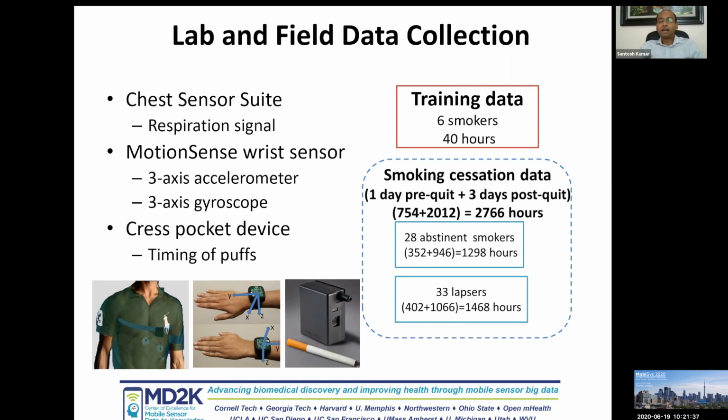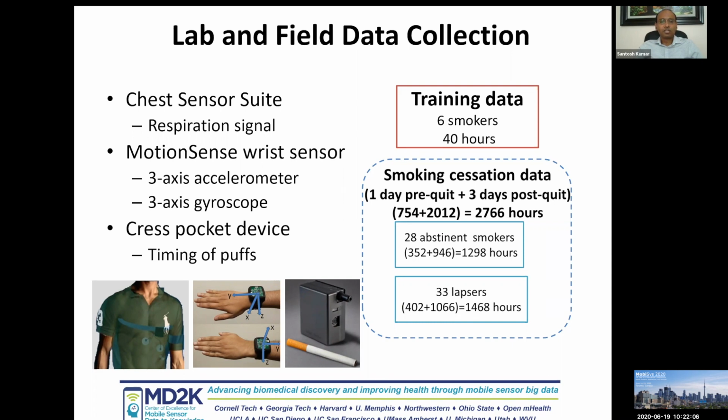The marking was done by an observer who was sitting at a little distance so as to allow the participant to smoke freely as they would in their natural environment. We also used a smoking topography device that marks the timing of each puff. It's an expensive piece of equipment costing several $1,000s, but it had the potential to give us the timing of each puff.